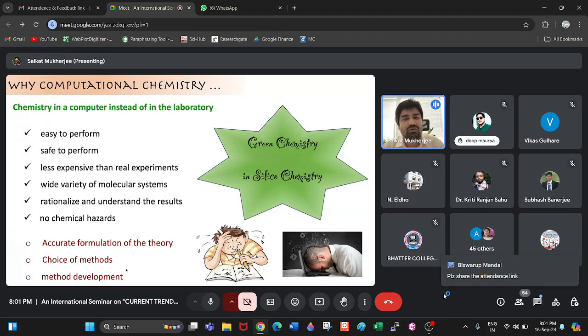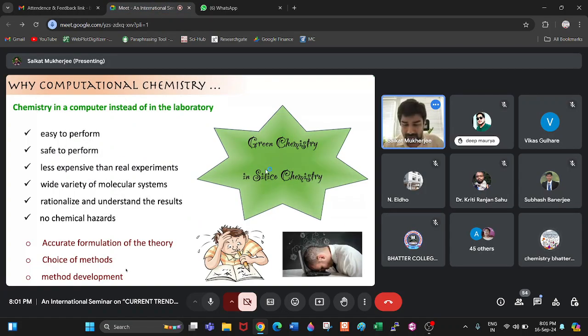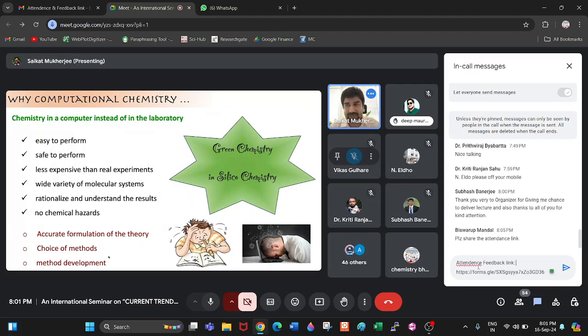Within this zoo, we need to choose the proper method that describes my system well. The last difficult part is to develop a complete protocol, which we call method development, that is, to build the software. These are the three main pillars of computational chemistry.